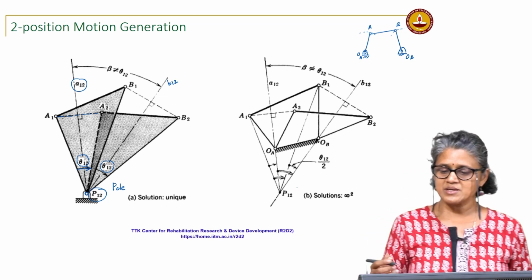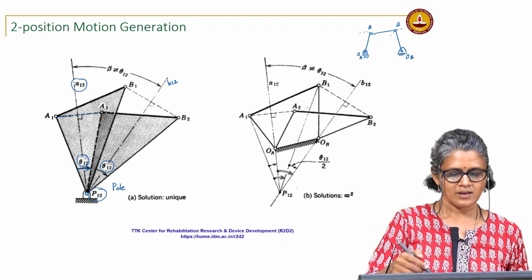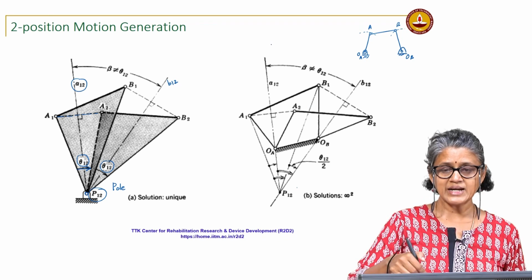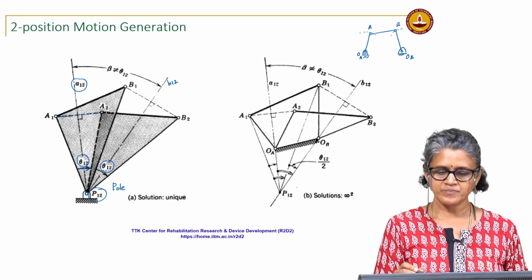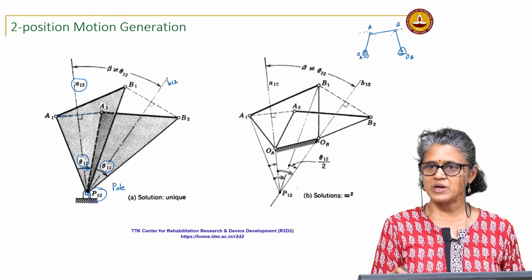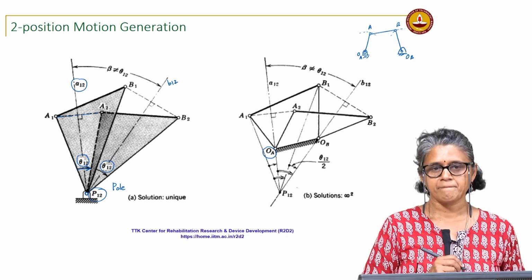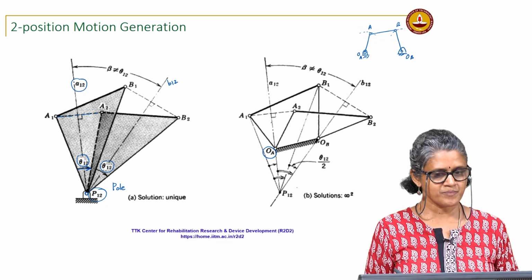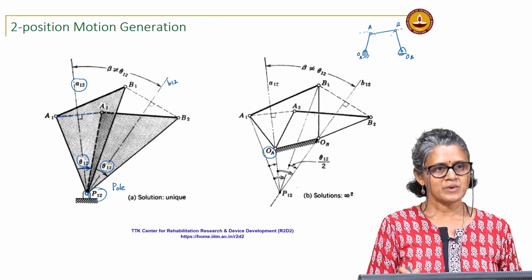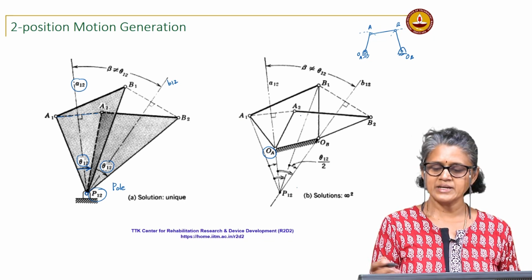So, that means the 2 positions of A lie, so the center of rotation will lie somewhere on the perpendicular bisector of A1 and A2. Okay. So, if I pick my OA somewhere on the perpendicular bisector of A1 A2, then A1 will move to A2 along an arc, right.